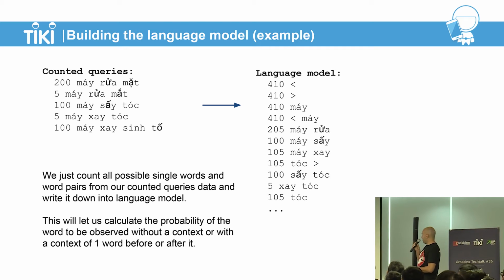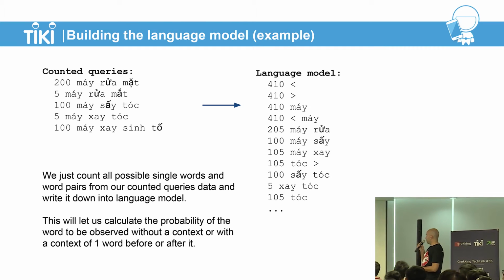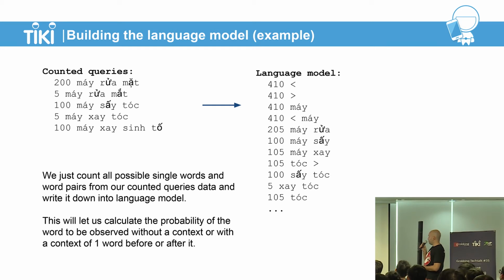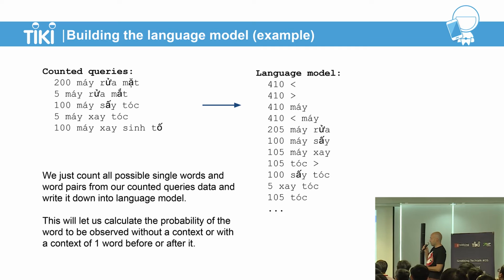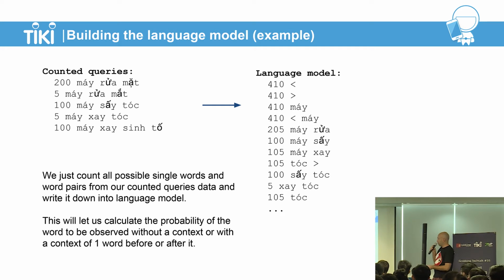And then let's say the word top appeared 105 times in the end of the sentence. You can check it's really like that. It's 100 times here and 5 times here, and both times in the end of the sentence. So this is also easy to understand, right? We just calculate single word and double word things and how often they appeared.